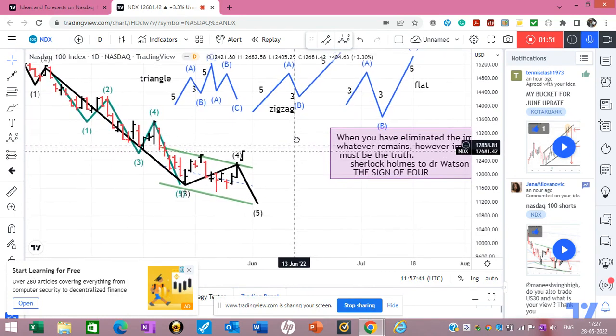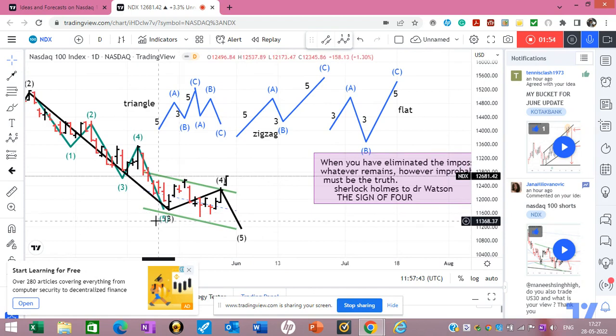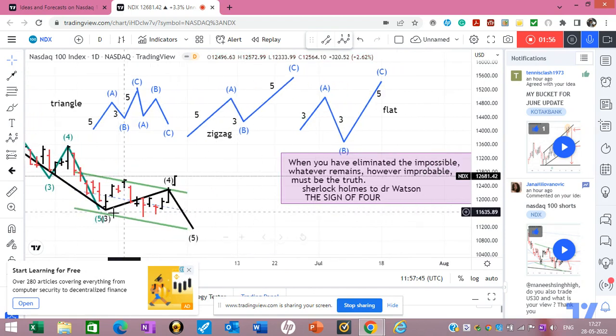So now let's come to the corrective part. I had counted these waves: one, two, three, four, and five. Five waves move up. Then one, two, three, three waves move down, and one, two, three, four, and five. Now I was expecting this as a zigzag correction, five, three, five.